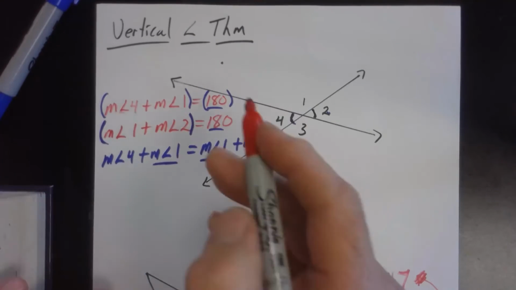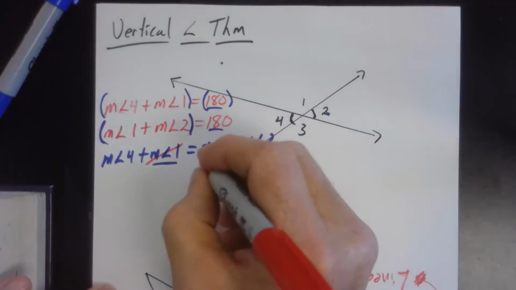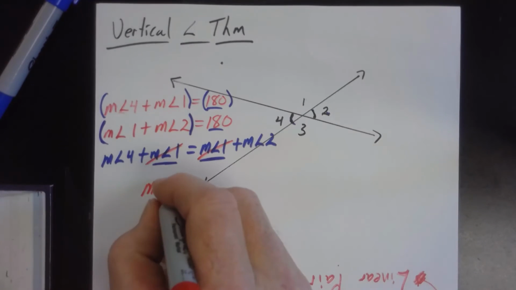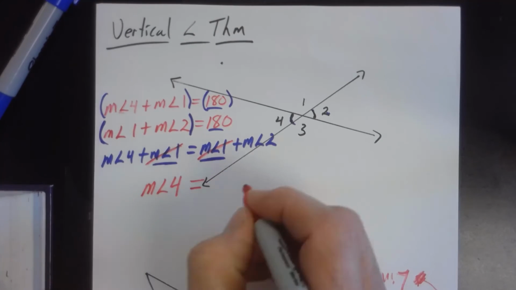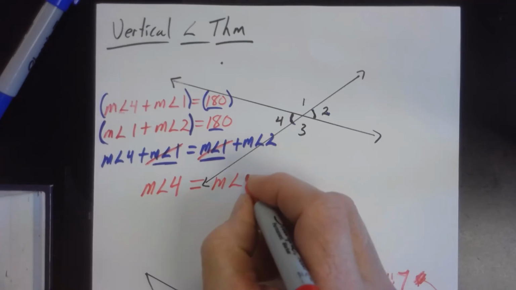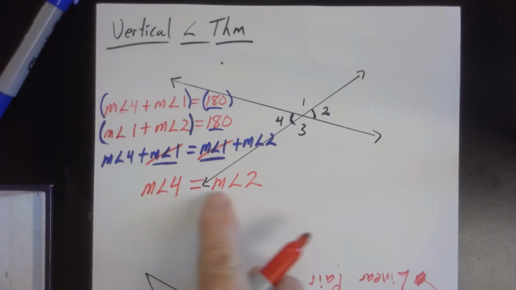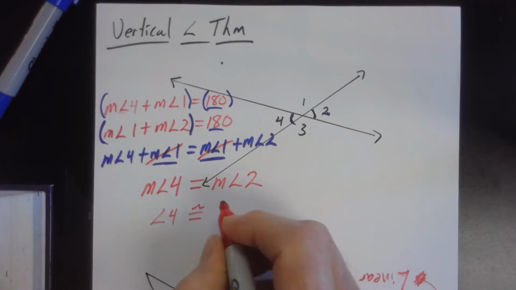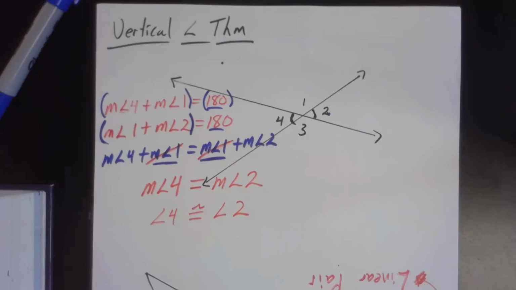If I subtract the measure of angle 1 from both sides, is it still equal? Yeah, that's just the subtraction property of equality. So the measure of angle 4 is equal to the measure of angle 2. And if that's true, then angle 4 is congruent to angle 2. Isn't that the definition of congruent? That they have the same measure, right?